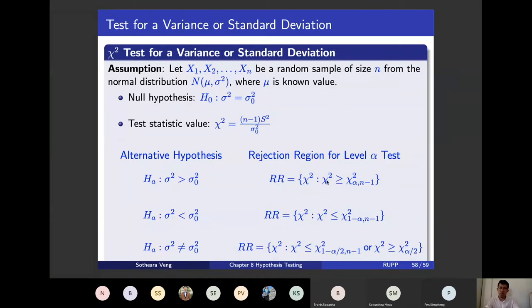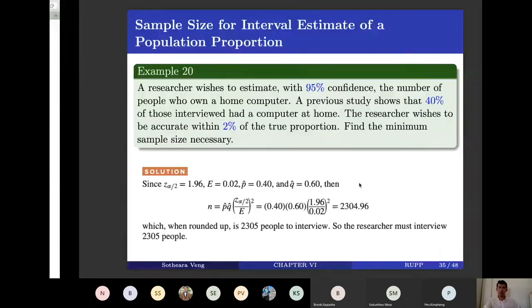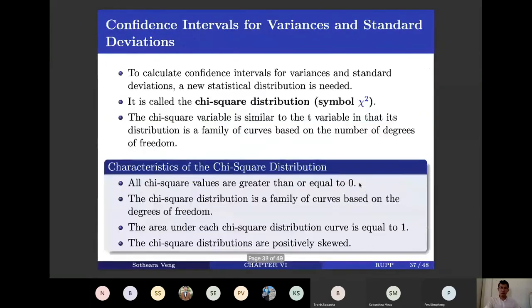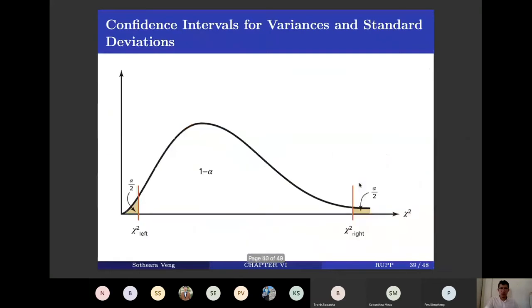Okay, so in this case, the rejection region is any value that is greater than this, right? You already saw something like this when we were working on the confidence interval. At that time, we called the chi-square left and chi-square right.